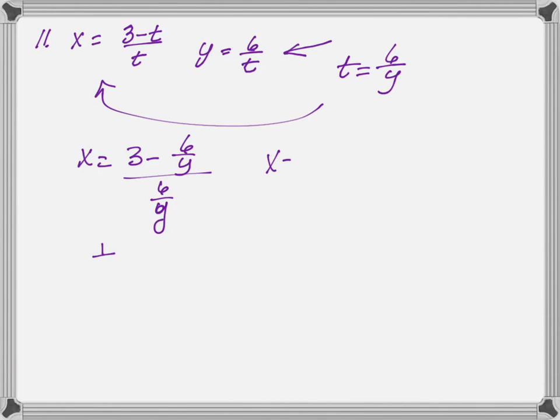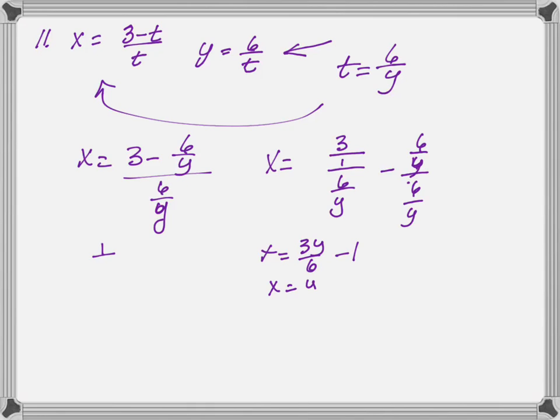Okay, I'm doing x equals 3 over 6 over y minus 6 over y over 6 over y. Okay, so x equals 3y over 6 minus 1, or x equals y over 2 minus 1, or x equals 1/2 y minus 1.